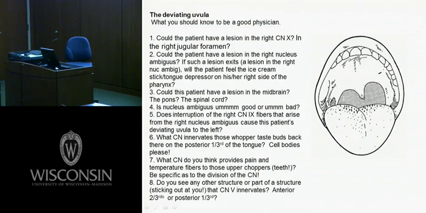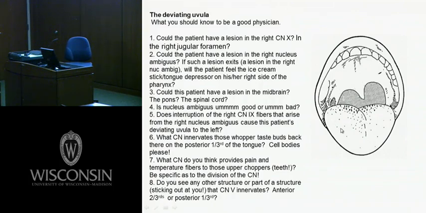It's got to be a lower motor neuron, and it's going to the left, so I know it's going to be a lesion on the right because it goes to the strong side. So it could be in the right cranial nerve 10, or it could be in the right nucleus ambiguus. And remember, cranial nerve 10 goes out the jugular foramen. So you could have a lesion in the right jugular foramen.